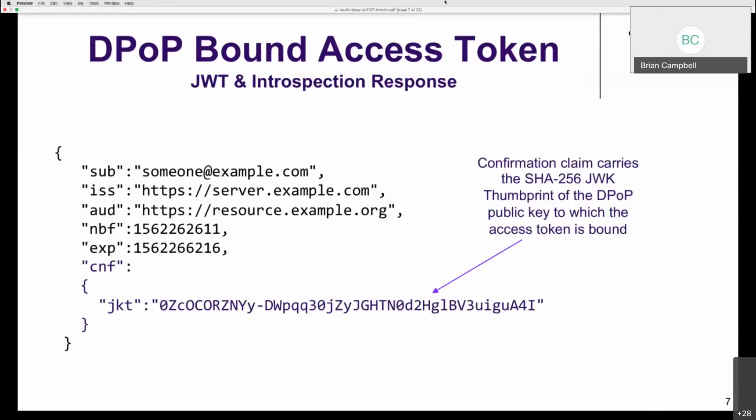Obviously, this could be done internally too, if it's a database lookup or something, but we've concentrated on defining the pieces needed for interoperability, which would be in a JWT or via an introspection response. This works similarly to other types of access token binding that we're doing today, such as the MTLS work that was recently published as an RFC.